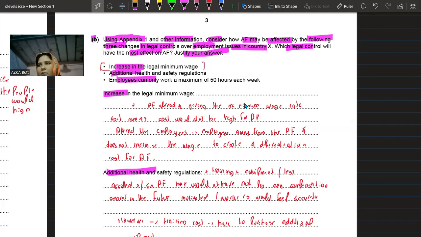So there is no differentiation now, because other businesses are now giving the same wage rate, and AF is also giving the same wage rate. So AF has skilled production employees, and maybe they will ask for more wages, because they will see that in other businesses people are getting the same rate, and in this business, although we are skilled, and also there is no one who is making this food.